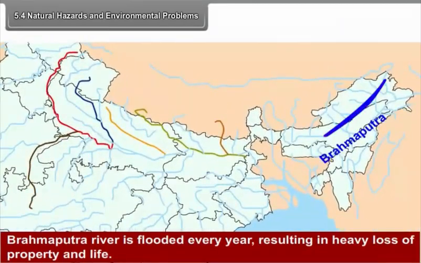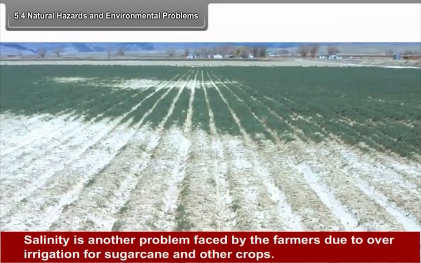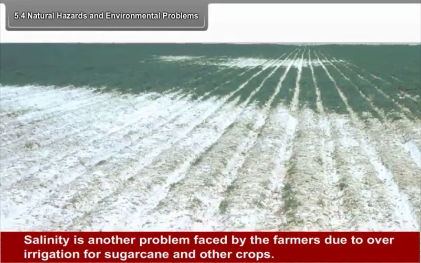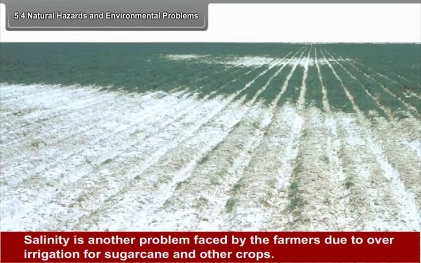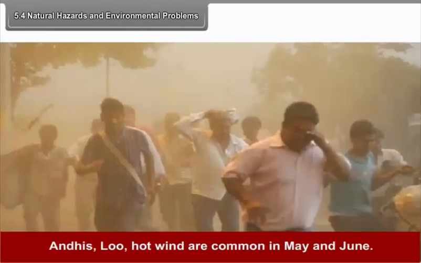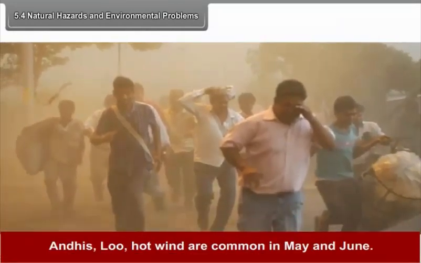Brahmaputra River is flooded every year, resulting in heavy loss of property and life. Salinity is another problem faced by farmers due to over-irrigation for sugarcane and other crops. Andhis, loo, hot winds are common in May and June.